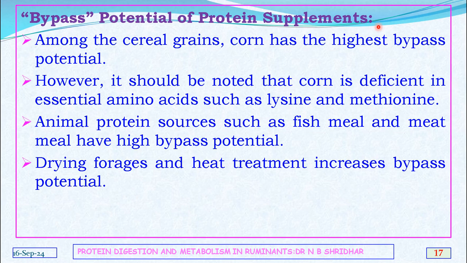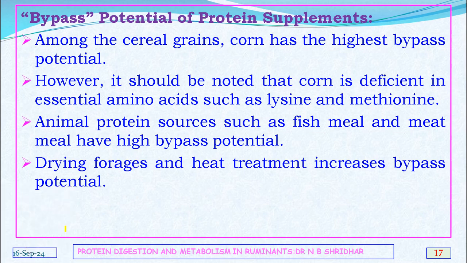Among the cereal grains, which are a protein source, corn, that is maize and other corns, has the highest bypass potential. So it has the highest bypass protein. However, it should be noted that corn is deficient in essential amino acids such as lysine and methionine.